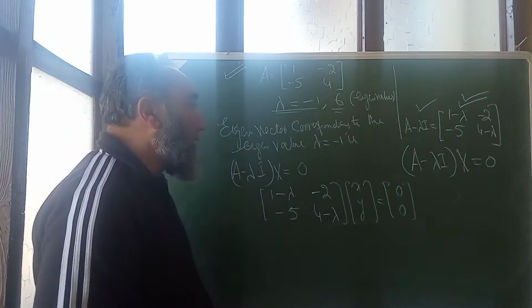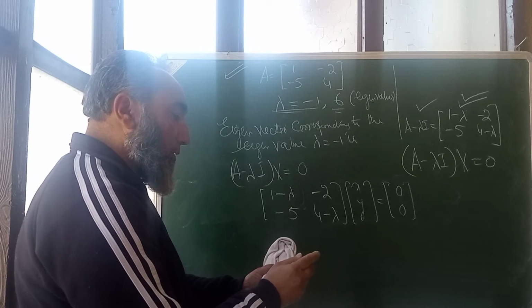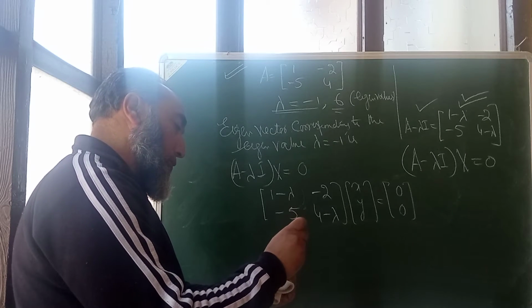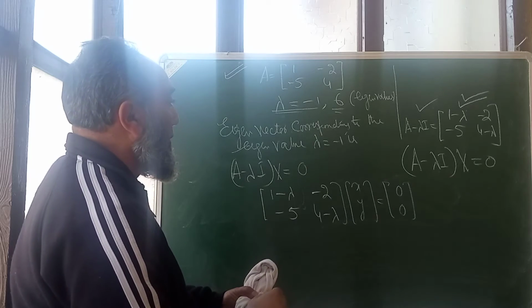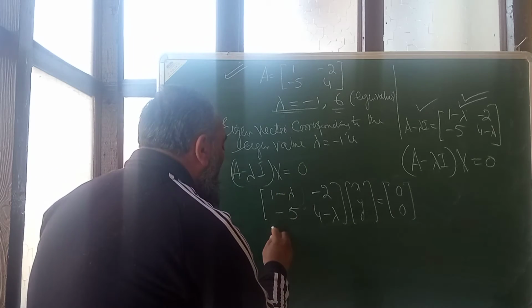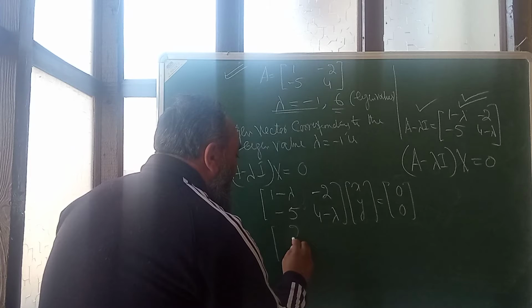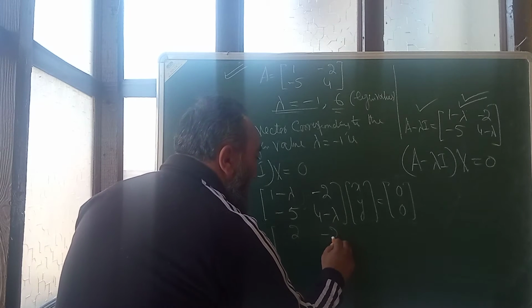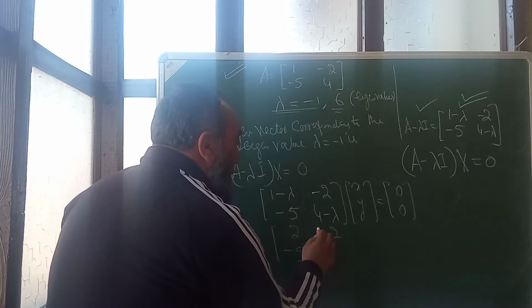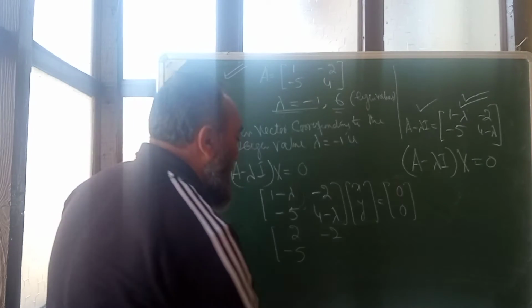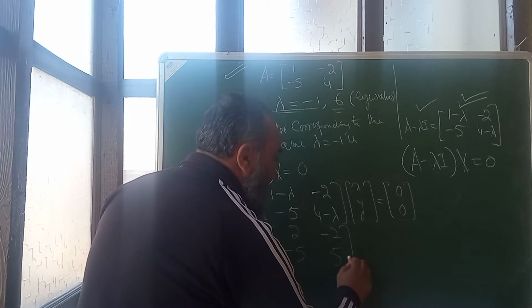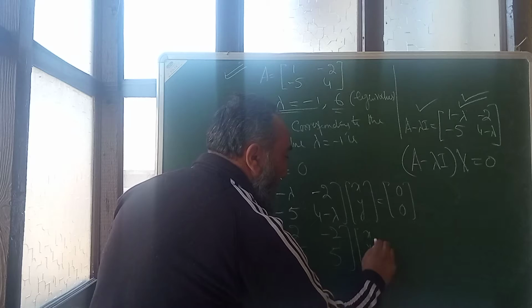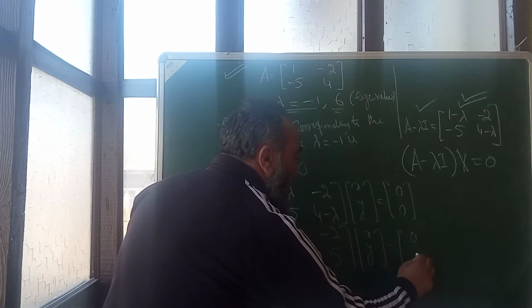Now we have taken the first case when lambda is equal to minus 1. Lambda is minus 1, so this is equal to 2, minus 2, minus 5, 4 minus of minus 1, it is plus 5, into x y equal to 0 0.